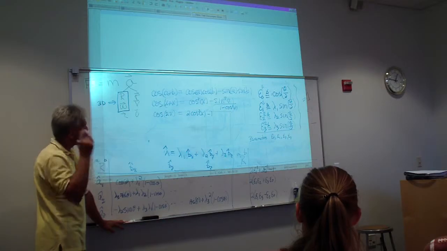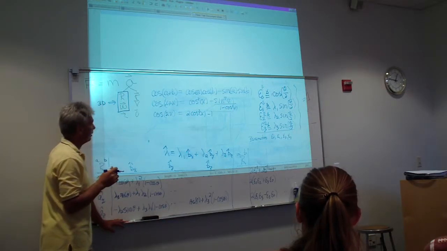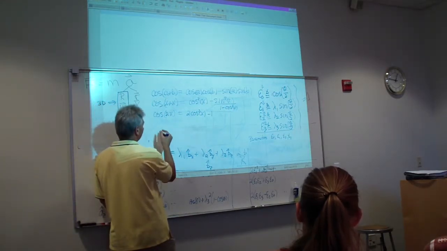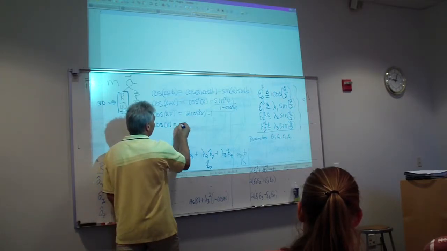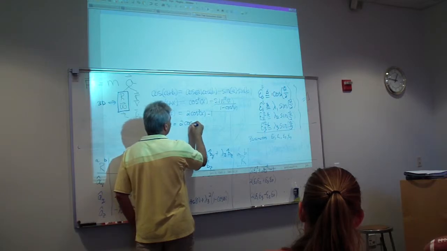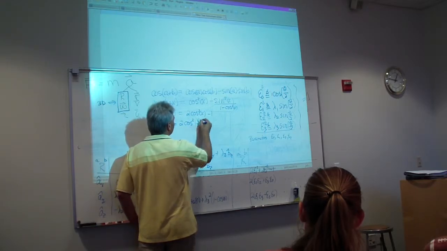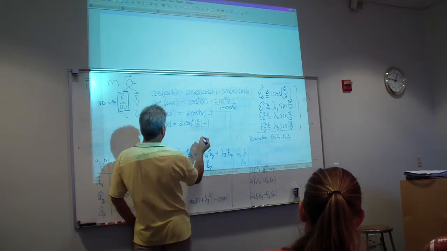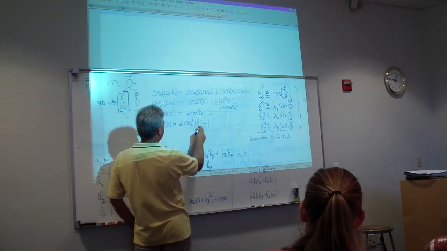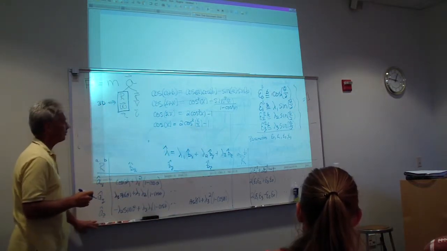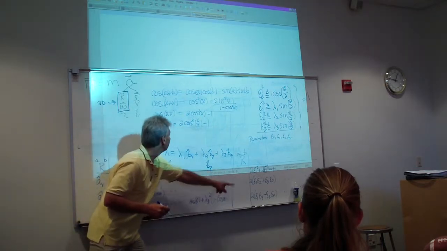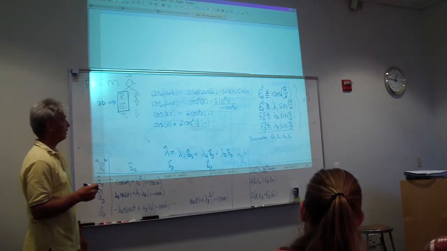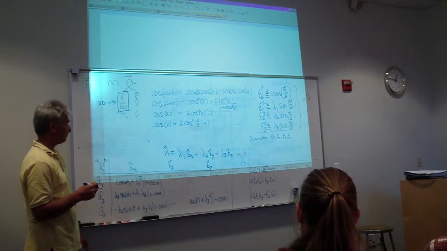Then you divide by 2's, and you can do cosine of x equals 2 cos squared x over 2 minus 1. Is that right? Yeah. So this is sort of the birthplace of how it goes from here to here. It's these kinds of half angle and double angle formulas.